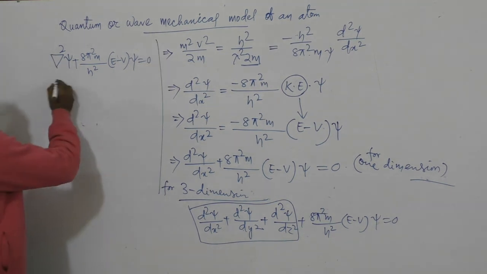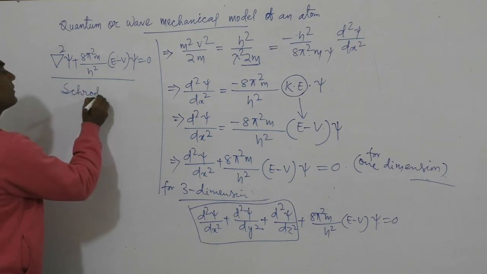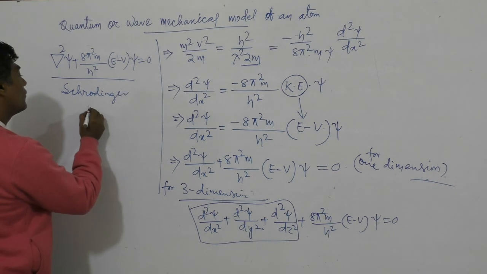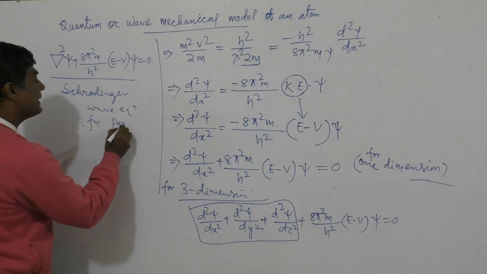So this is the Schrodinger wave equation for a particle in three dimensions.